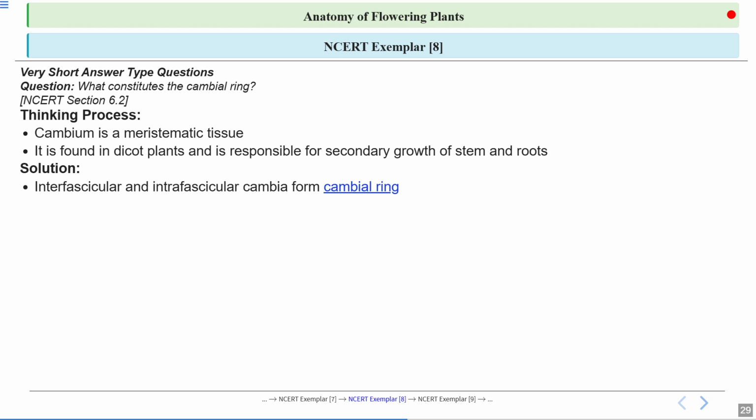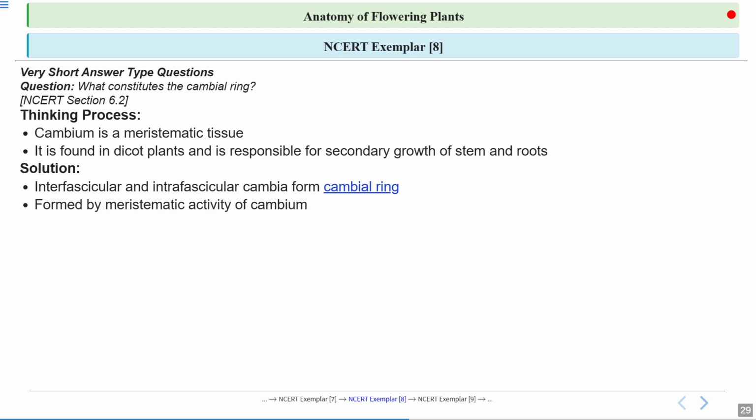They are not having any cambium ring initially, but at the time of secondary growth, the cambium formation takes place between the vascular bundles, and a continuous ring of the vascular bundle is formed, and that is called cambium ring.